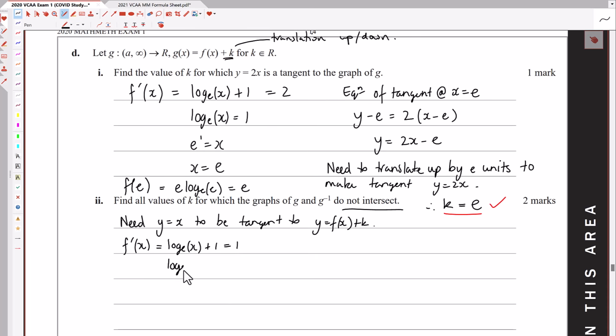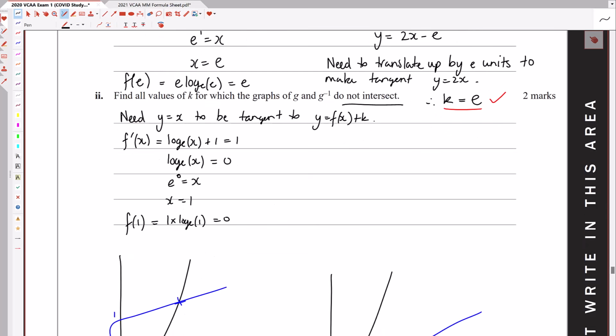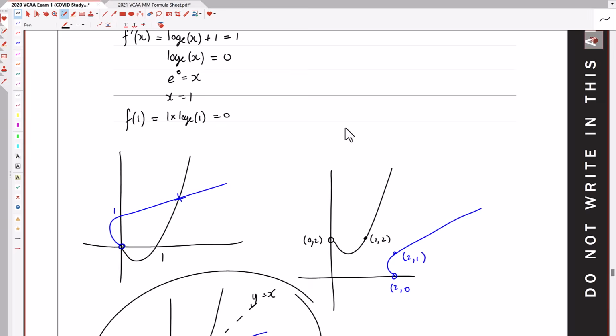That's when log e of x equals 0, so e to the 0 equals x, and so x is 1. Therefore f of 1 is 1 times log e of 1, and that's 0. So we have a gradient of 1 there.